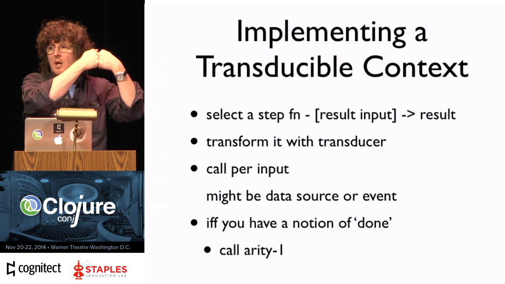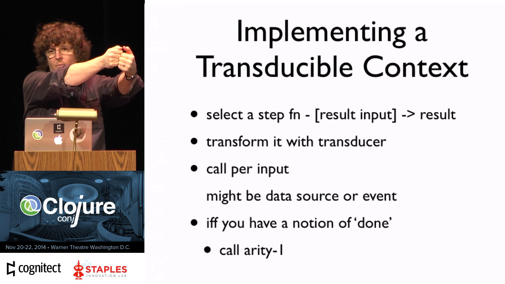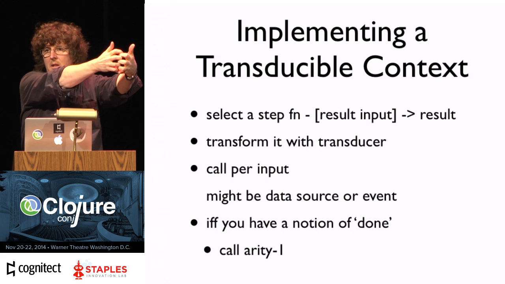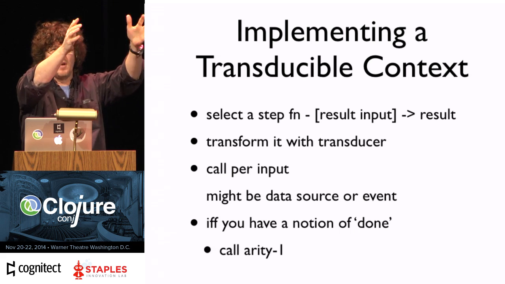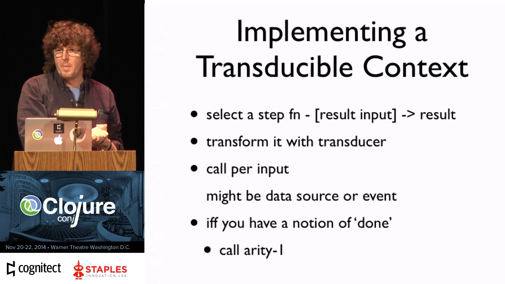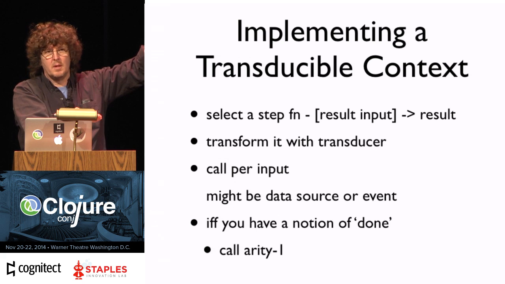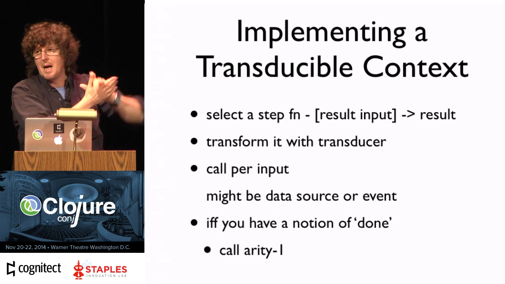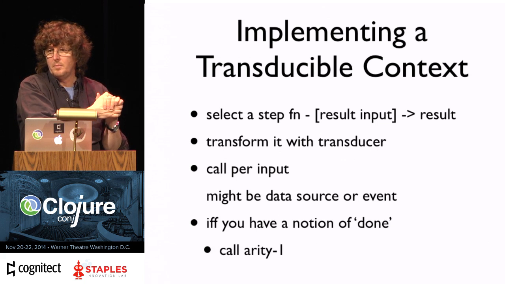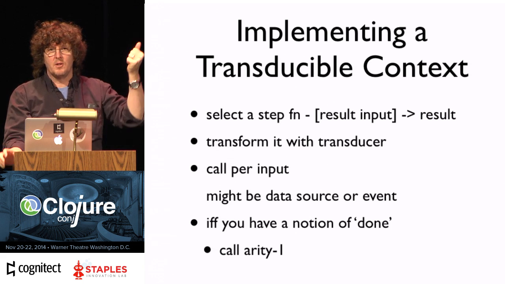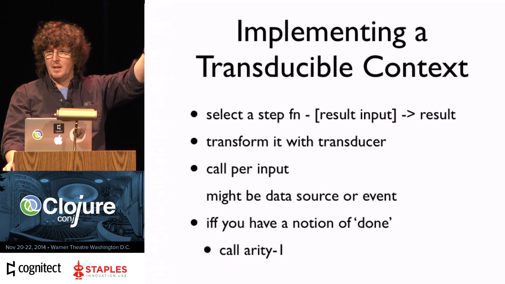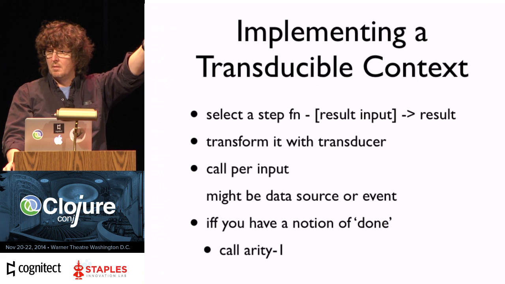That should never be a user space activity. Why is that? What is a transduced function like? It's got this whole stack of stuff. What happens if you transduce with partition by? That transduced step function is now potentially a stateful thing, right?